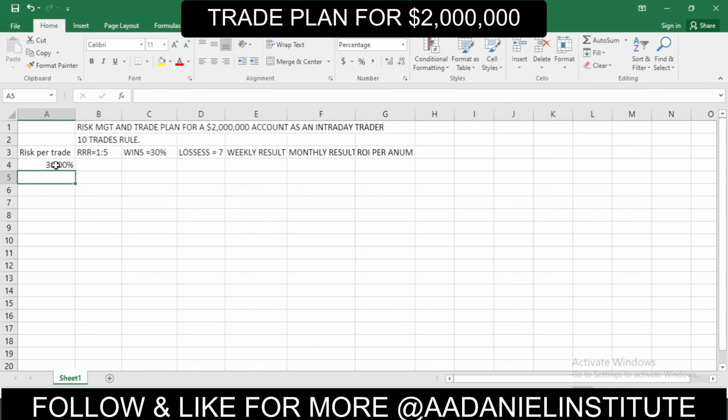You get that math? You just have to remember that this is 0.3. So since your RR is 5, you are risking 0.3 of your account multiplied by 5. So one win will give you 1.5% of your account. Do you get that? One win, that is one good trade, gives you 1.5% of your account, right?